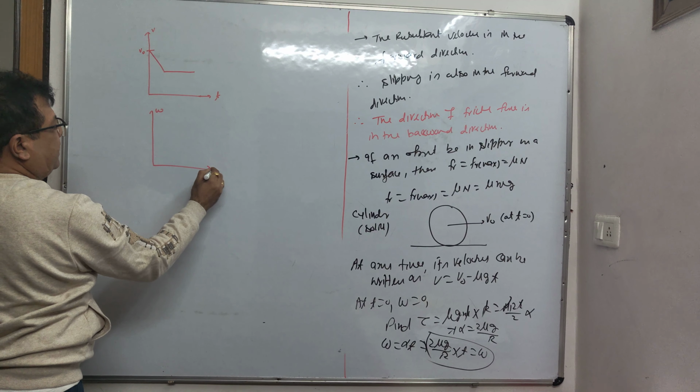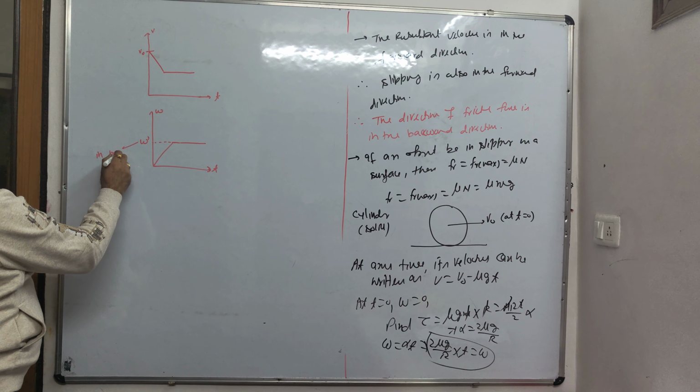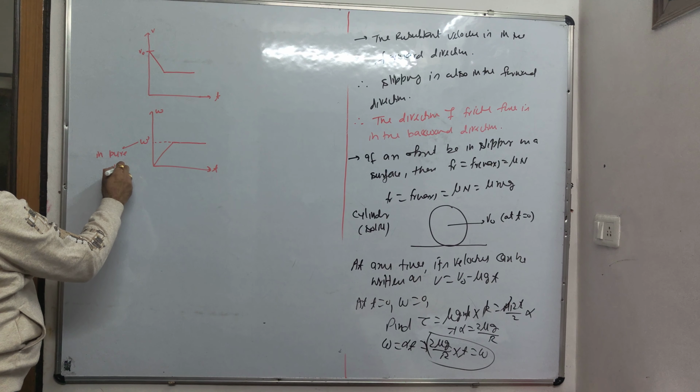So this is the omega dashed in pure rolling motion, or this is the velocity V dashed in pure rolling motion.